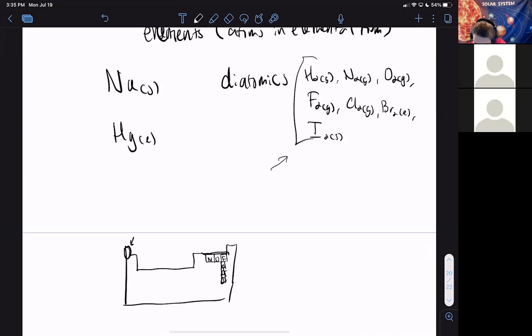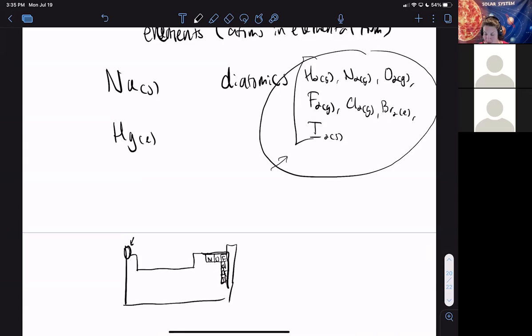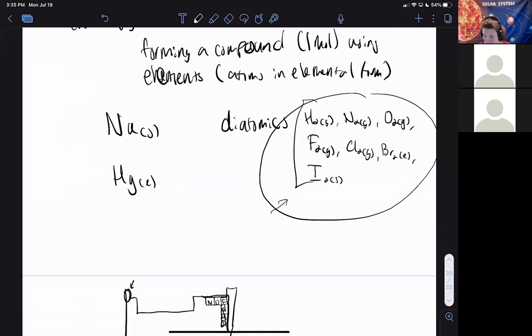And it kind of looks like a little 7. That's how I always remember those. There's 7 of them. 6 of them are in that 7, and then you have hydrogen. So you should know these diatomics because you should be able to write a formation equation for anything.